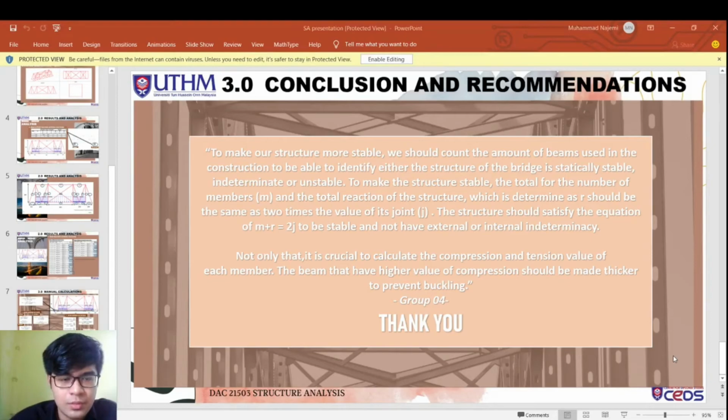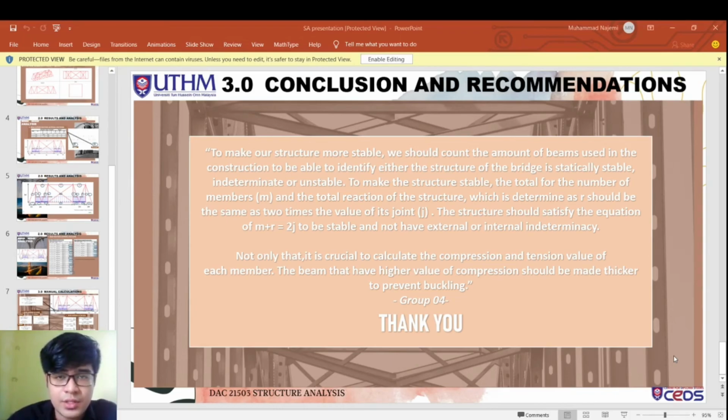My name is Muhammad Najmi bin Muhammad Zaidi and I'm going to present the conclusion and recommendation. First of all, to make our structure more stable, we should count the number of beams used in the construction to identify whether the structure of the bridge is statically stable, indeterminate, or unstable.